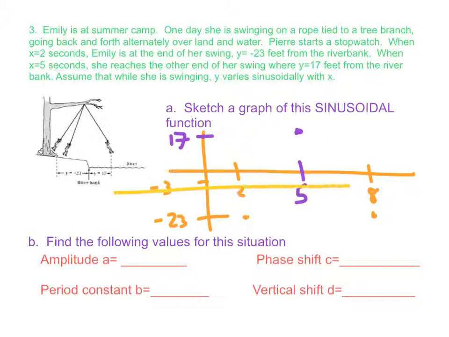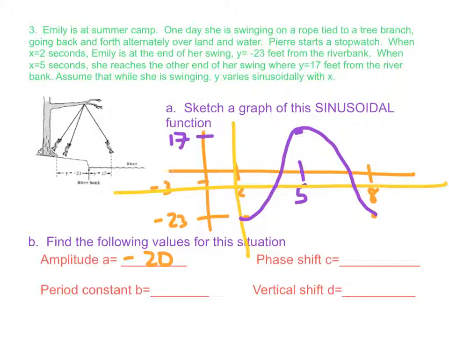So here's the middle of my graph. Here's the start of my graph. This is just an upside down cosine graph. So my amplitude, if I check from negative 3 to 17, is going to be 20. But since I'm going upside down, I'm going to put a negative 20.